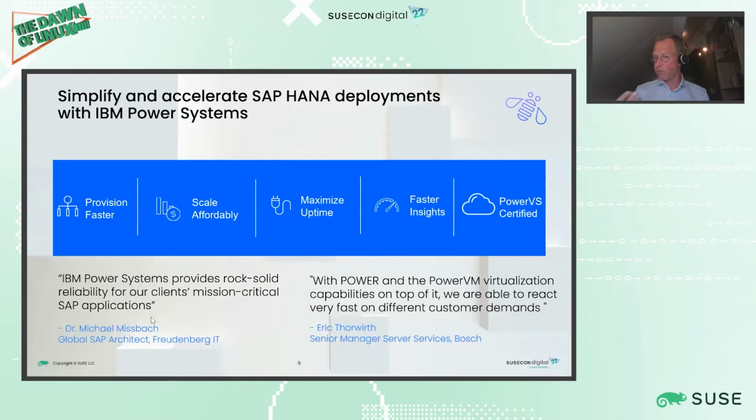With Power and PowerVM, our virtualization capabilities on top of it, we are able to react very fast to different customer demands. Those are customer statements from clients working with Power and a HANA environment on top of that. Let's dive a little bit deeper into Power Virtual Server, our cloud solution, how that works and what extra value it can bring to you as a customer.